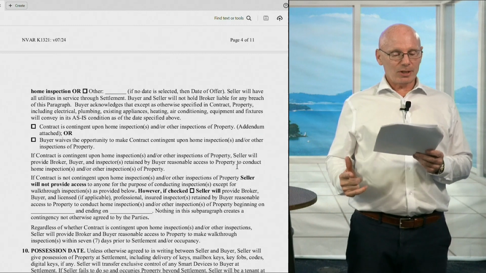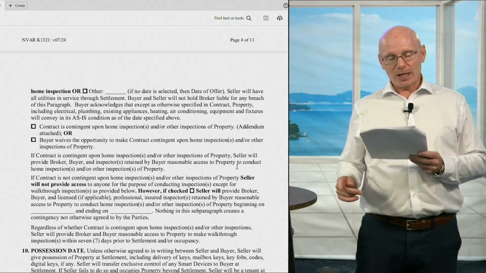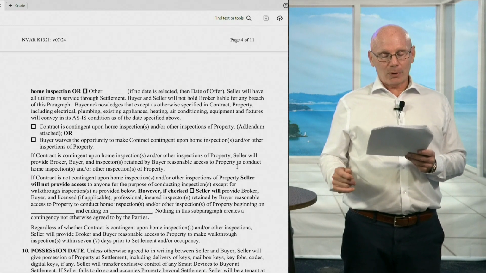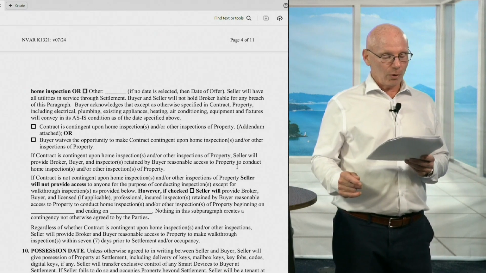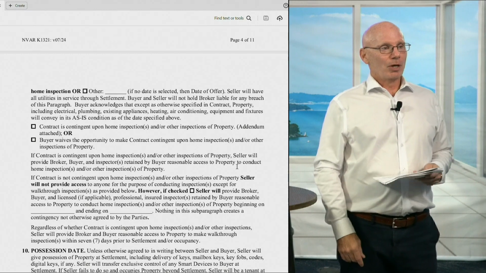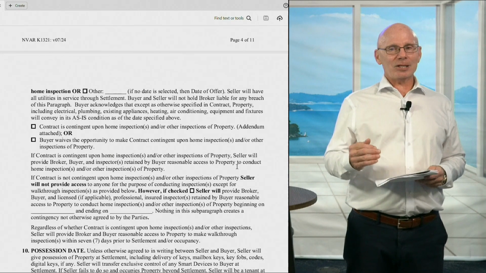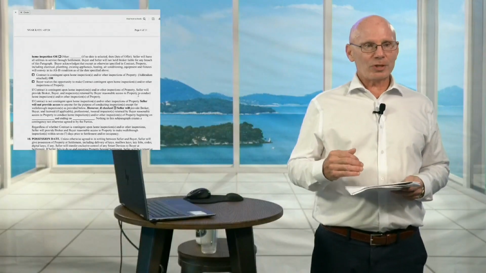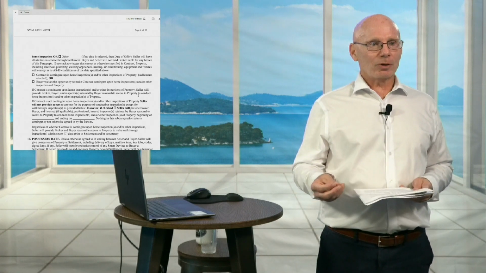If the contract is contingent on a home inspection and or inspections of the property, the seller will provide broker, buyer, and inspectors retained by the buyer reasonable access to the property to conduct home inspection and or other inspections of the property. So just because it says home inspection, it's any inspection that your buyer needs to do during this time period.